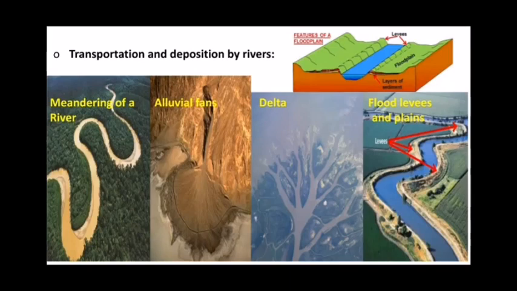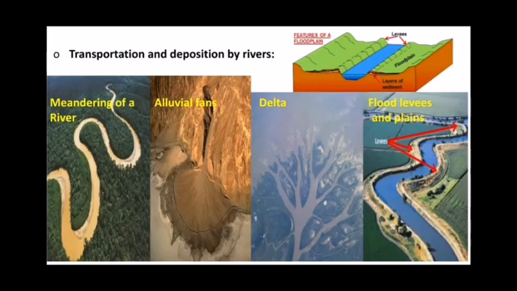Whatever sediments and mud were coming down along with the river from the higher parts get deposited in the foothills of the mountain. This deposition of sediments is coarse, that means rough and harsh, small and big pieces of stones, soils, rocks. As these are deposited in a triangular shape, they form an alluvial fan.